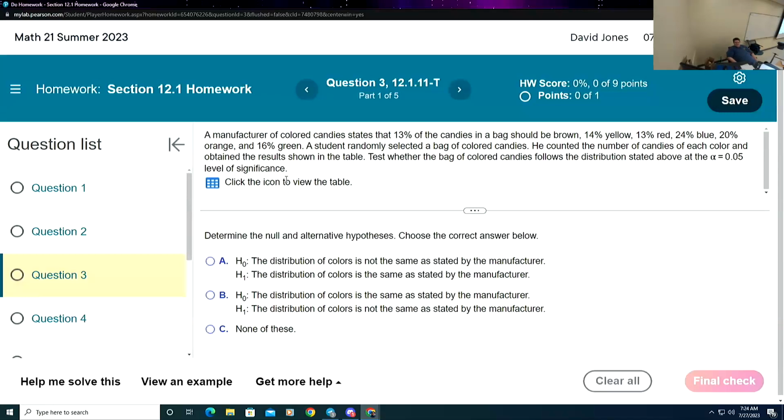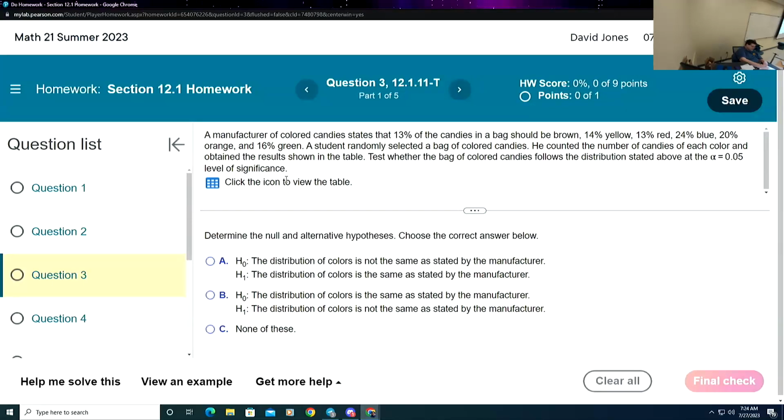Okay, so this says a manufacturer of colored candies states that 13% of the candies in a bag should be brown. I'm going to write this down because they're giving me percentages, and I'm going to have to make some calculations here. Brown is 13%, yellow is 14%, red is 13%, blue is 24%.